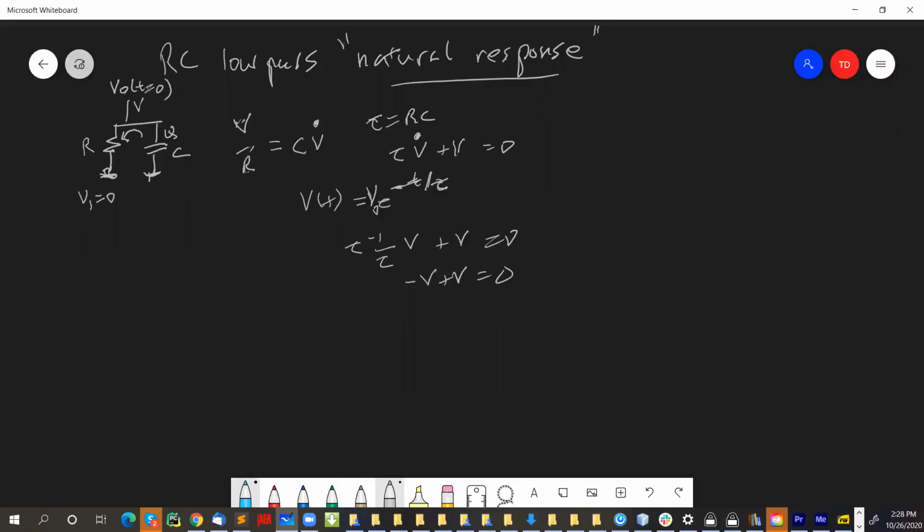I hope that's not too tricky. It's just showing that there's an exponential decay for this first order low pass filter. That's all there is to it. It doesn't quite explain how it responds in the time domain to some arbitrary input. That's just the natural response to a disturbance.